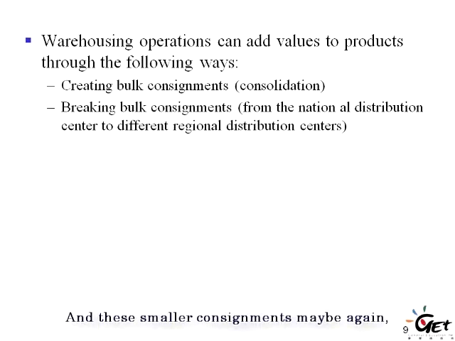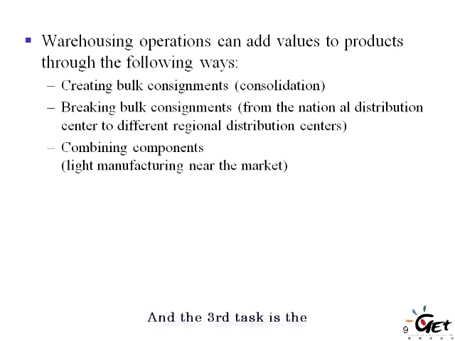And then these smaller consignments may again be sent to downstream firms, downstream organizations along the supply chain. Not every firm does these two tasks at the same time, okay, because of their properties and their positions on the supply chain. Some warehouses do the first one, the bulk consignment consolidation, and some warehouses downstream maybe do the consignment breaking, etc. And the third task is the light assembly, as I just mentioned.